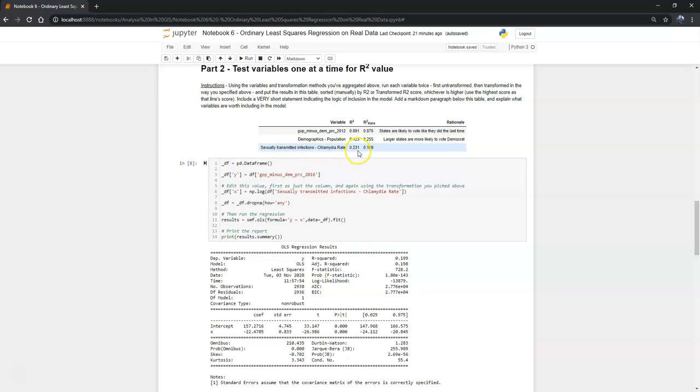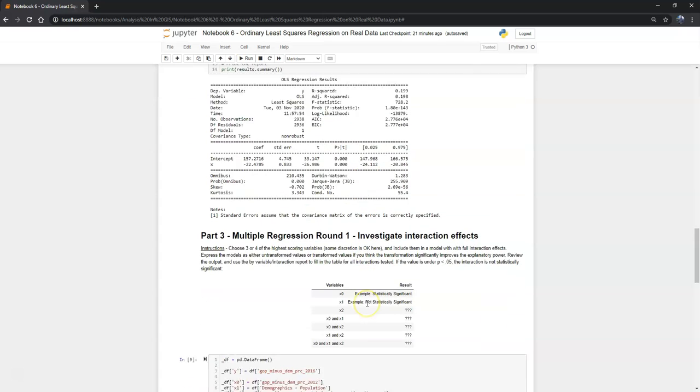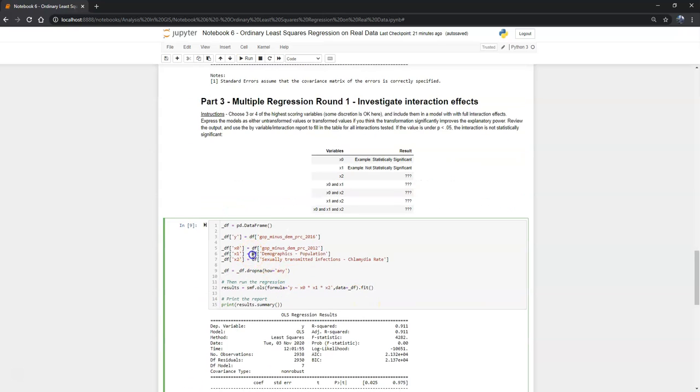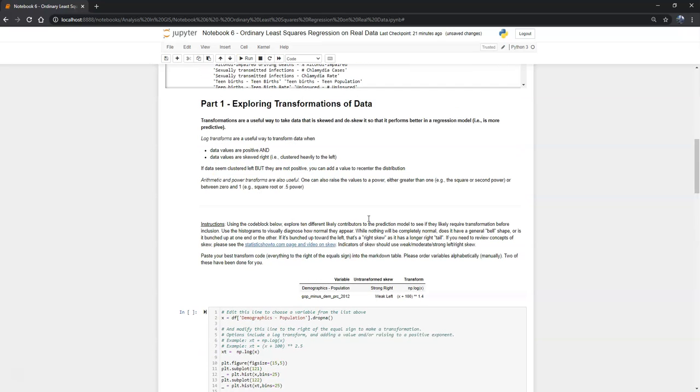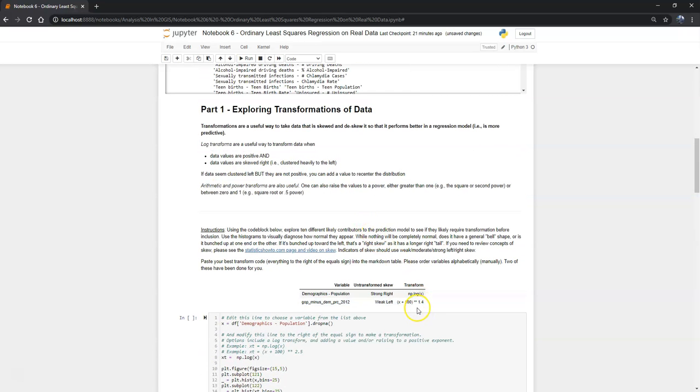And the chlamydia rate was most effective untransformed. So that's what we want to do here. Essentially the only one that we want to do is a log transformation on the demographics, because that's the one that had a higher R squared value, and the transformation was up here.